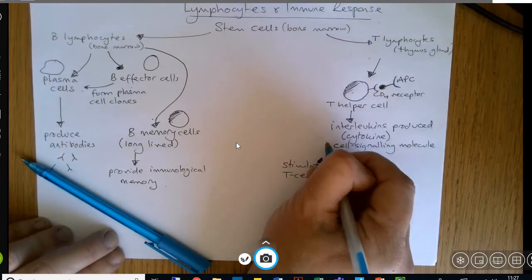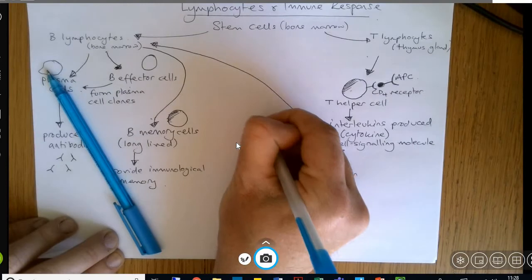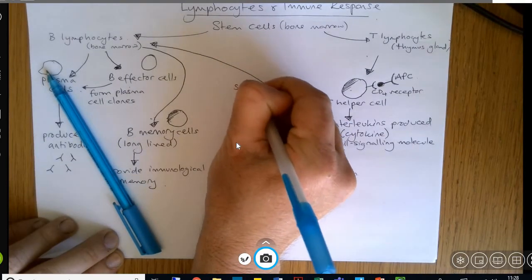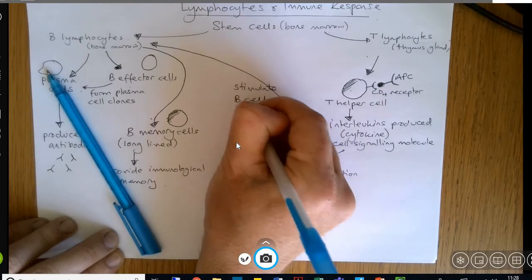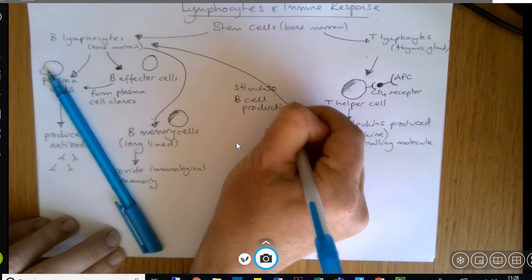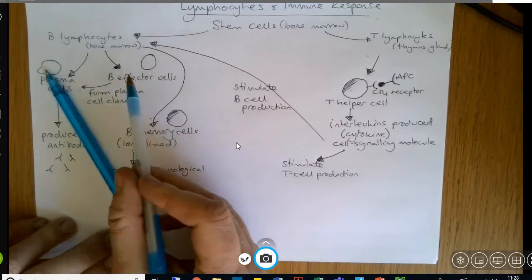They also act to stimulate B cell production. Okay, and this is really important. This is how the two parts of the immune response are activated together.